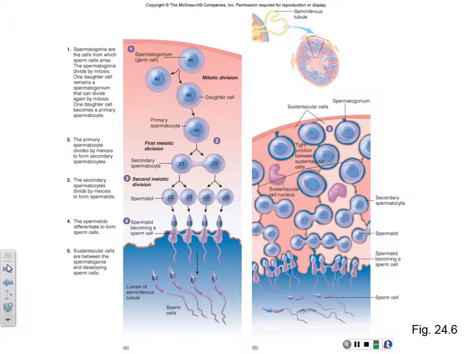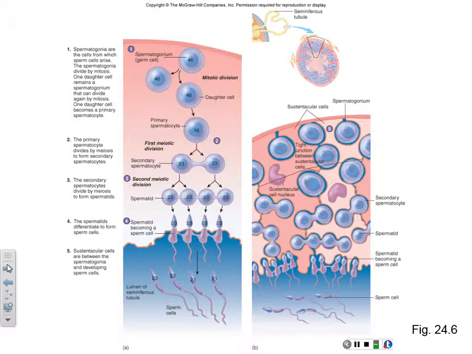You've got your spermatogonium, 46 chromosomes, which divides and produces a type A and type B daughter cell. The type B daughter cell is the primary spermatocyte, which divides into the secondary spermatocyte after the first meiotic division, a reductive division, forming a haploid cell.